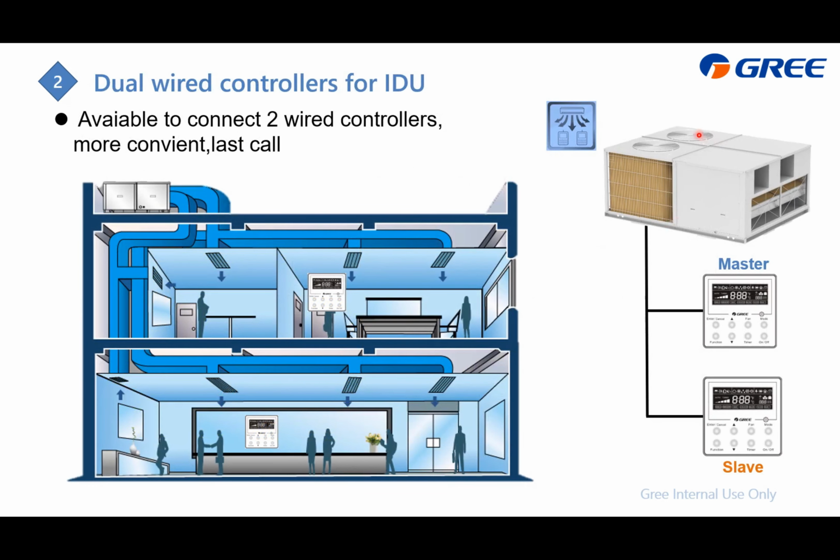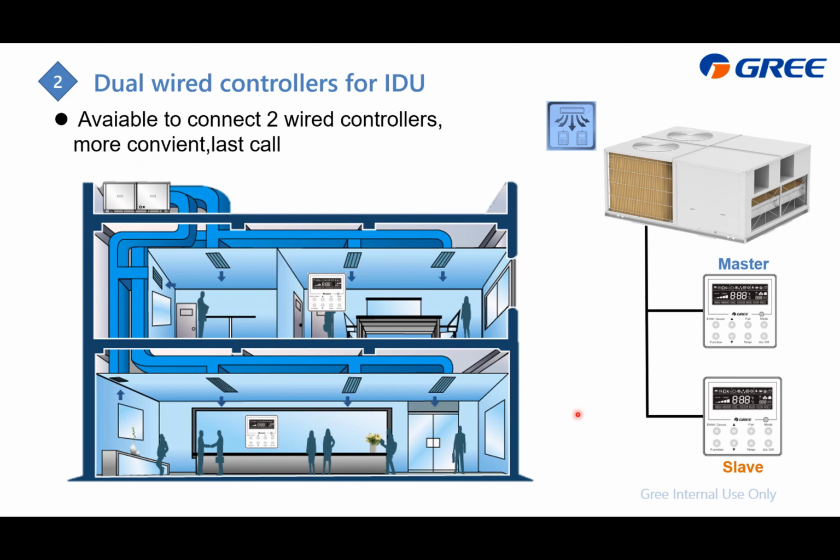For the rooftop unit, we also support connecting 2 wire controllers to control 1 rooftop. In this example, you can find that we installed this rooftop in this building, and it is also connected with the air ducting for the air return and air supply. We connect these 2 wire controllers to control this one.